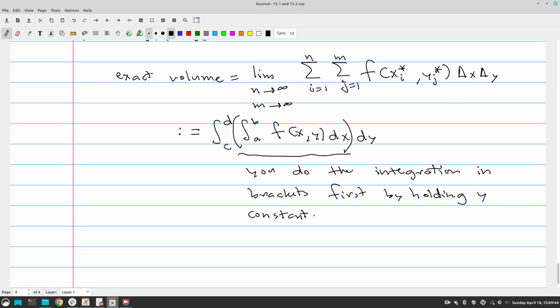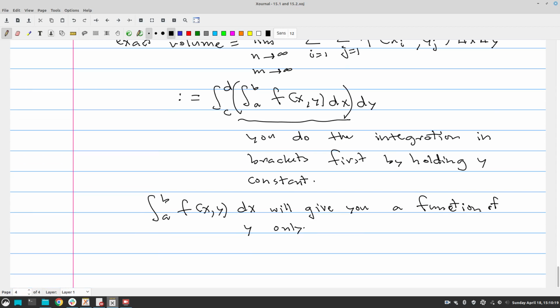you'll get a function. The thing that you'll get, the integral from a to b of f of x, y dx, will give you a function of y only, right?